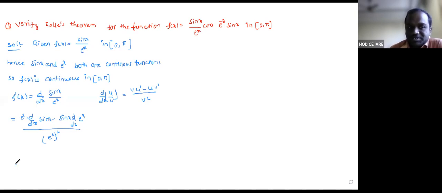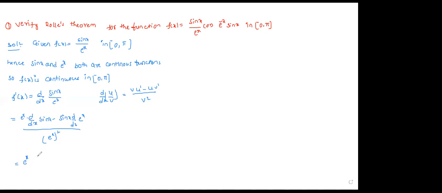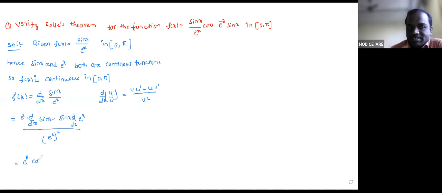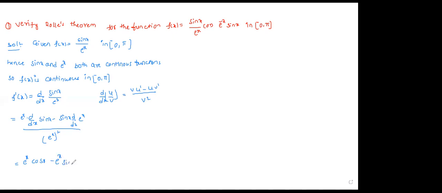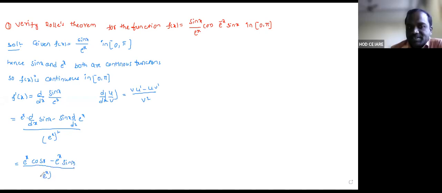That is equal to e power of x into, we know that d by dx of sin x is cos x, minus d by dx of e power of x is e power of x into sin x, by e power of x whole square.